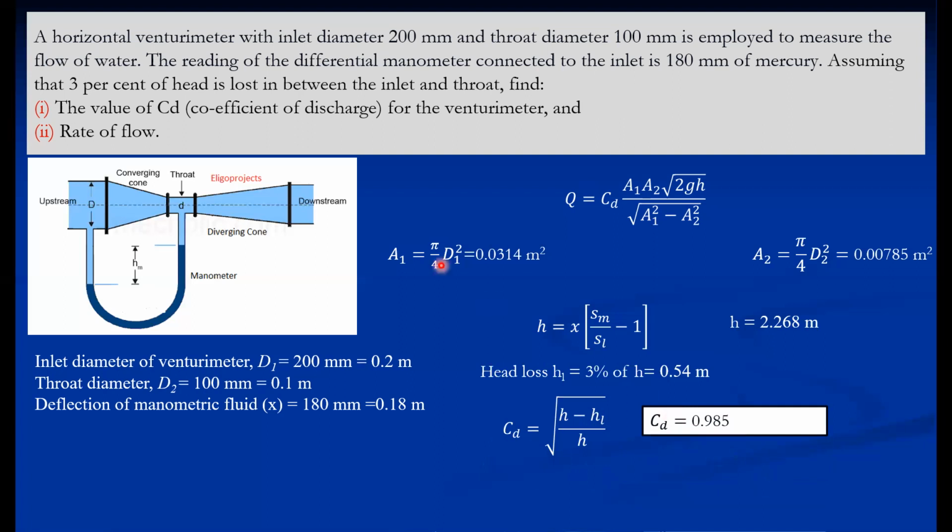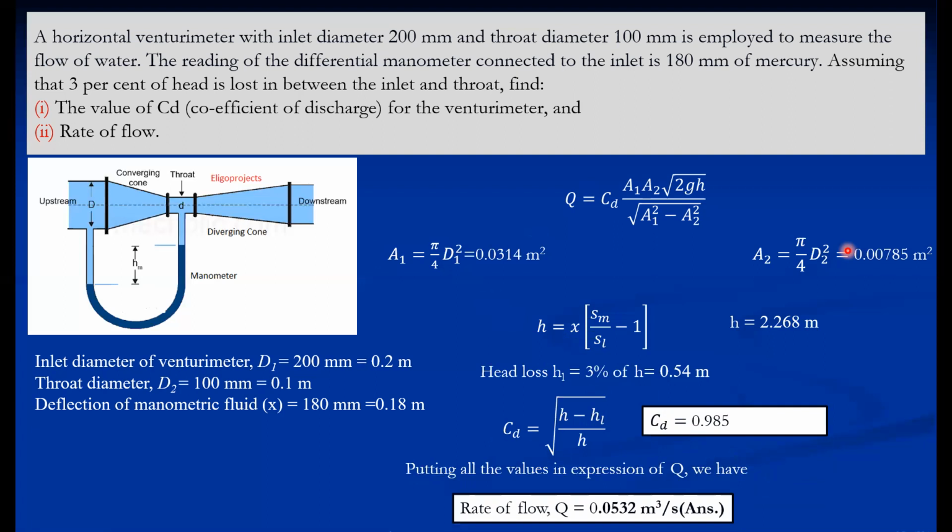Now putting all the values, that is CD, H, A1, A2, we can calculate the discharge, that is 0.0532 meter cube per second. This is the actual discharge through the pipe. So in this numerical the CD value is not directly given, but the percentage losses are given.